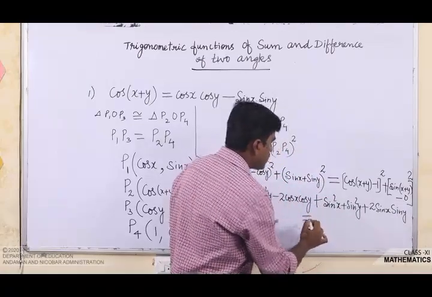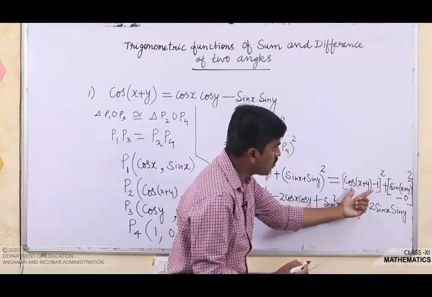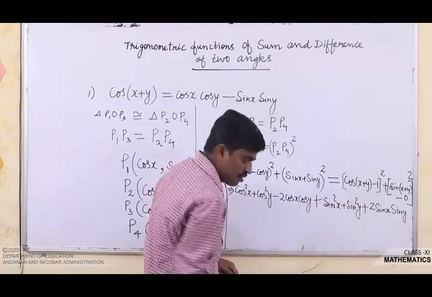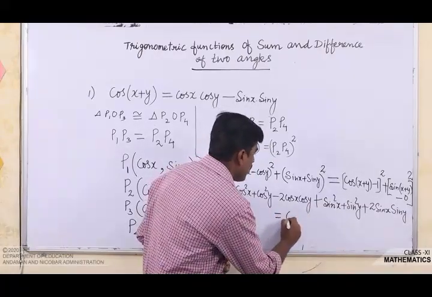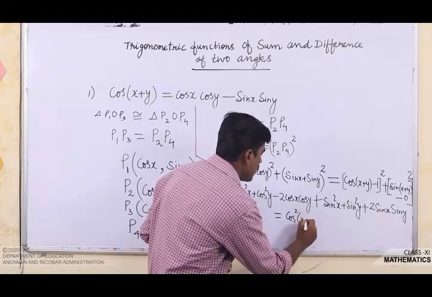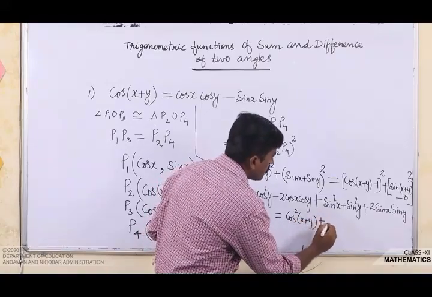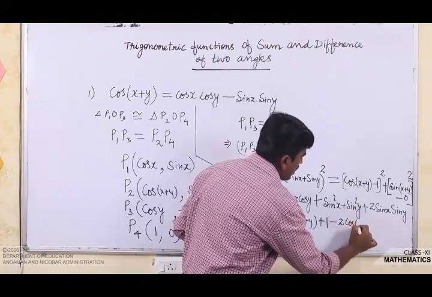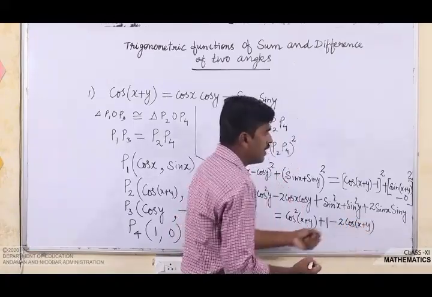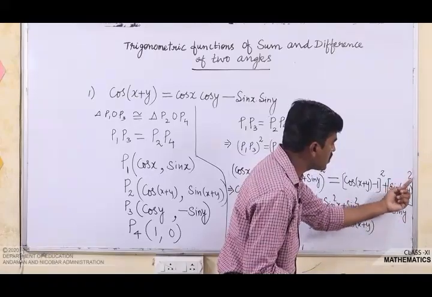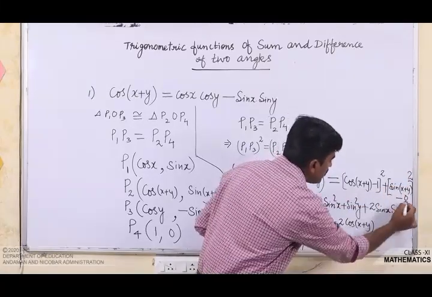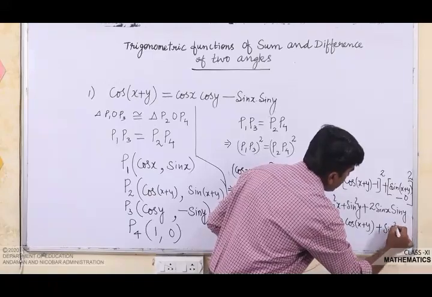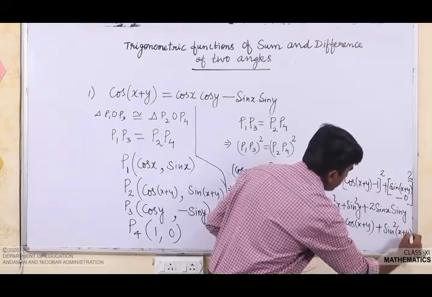And the RHS is cos x plus y minus 1 whole square. So we have to write cos square of x plus y plus 1 minus 2 cos of x plus y, and sin of x plus y whole square is there only because it is 0. So plus sin square of x plus y.